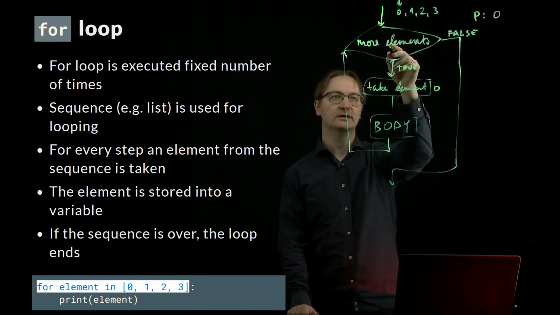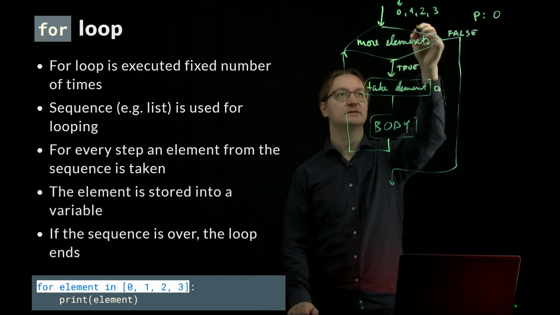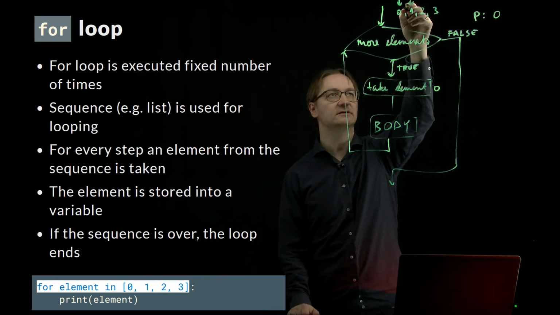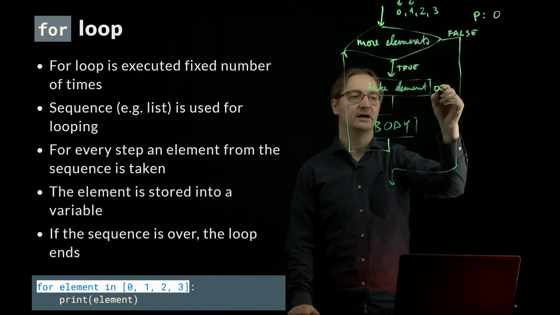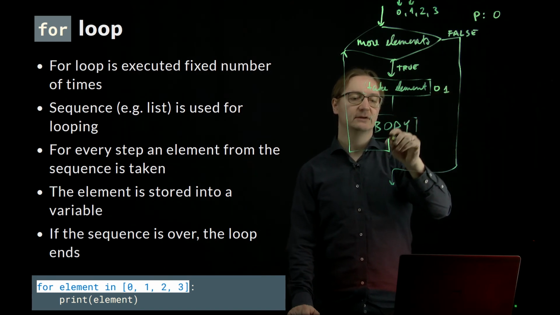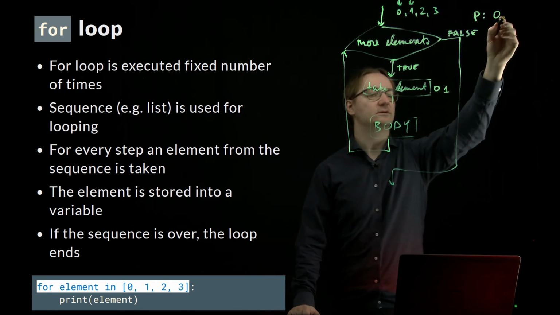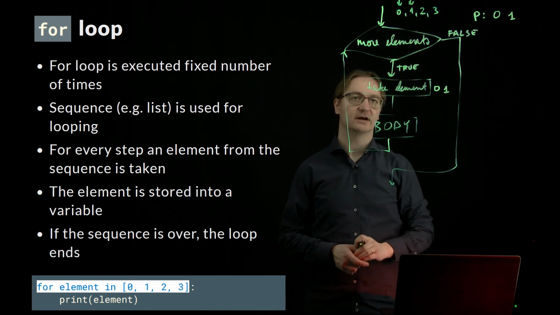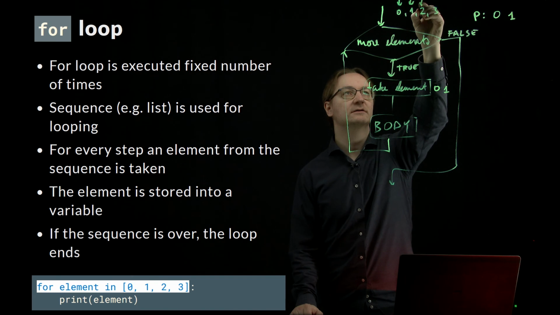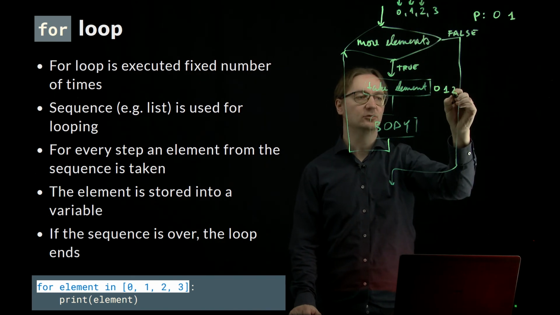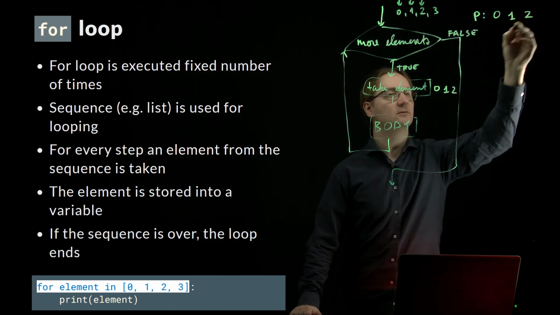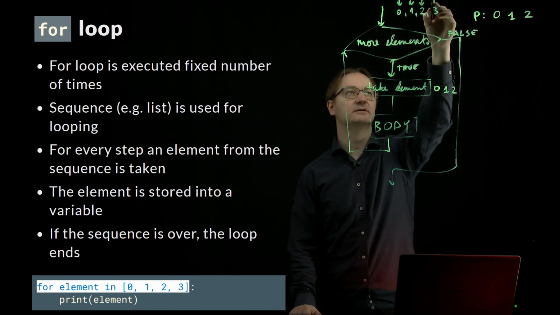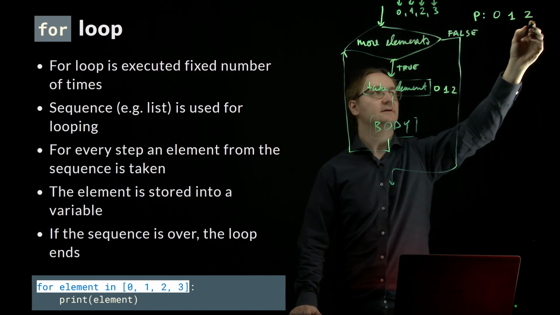Then I will go here, whether there are more elements. It checks, yes, there is another element here. Now the element is 1. It executes the body, prints out 1, and goes into the loop header again. Now it moves here. We get 2. It will be printed out, and we take another element which exists.